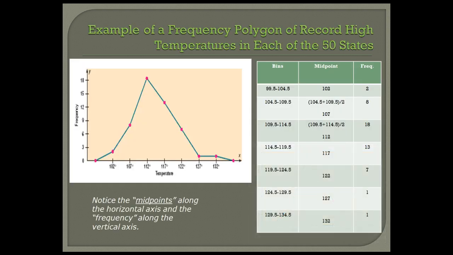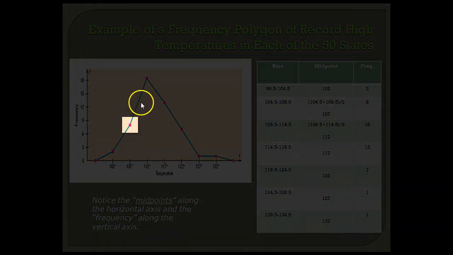So here is an example of a frequency polygon, using that same set of data that we looked at a moment ago. The midpoint of each bin is found. If I were to add 104.5 plus 109.5 and divide that by 2, I get 107. That is the midpoint of this second class right here. So I would put a dot at 107.